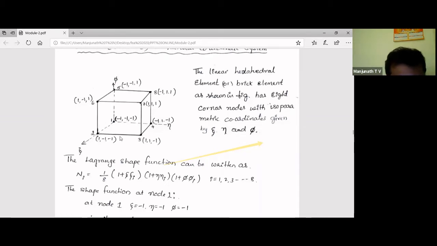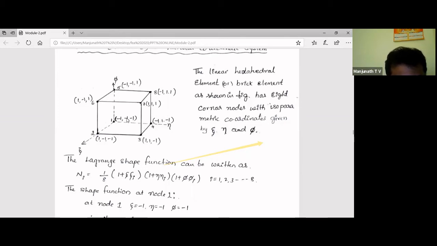Now consider this particular element. It is in the neta direction. If the neta value at node number 1 is -1, then at node number 2 it should be +1, because it always varies from -1 to +1. Here also it is in the neta direction.